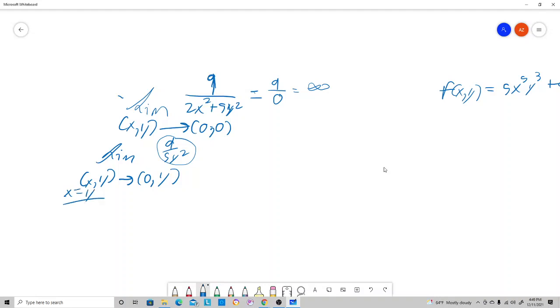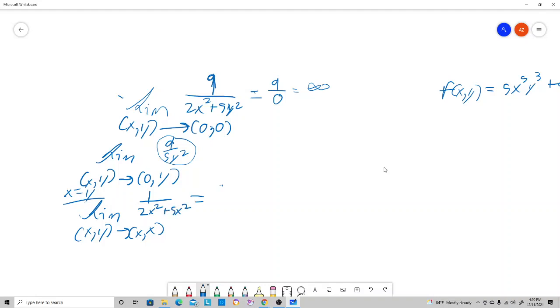If we approach it this way, we can write it as the limit as x and y approach x and x, so we have two x's. We can substitute it, so we have 2x squared plus 5x squared.